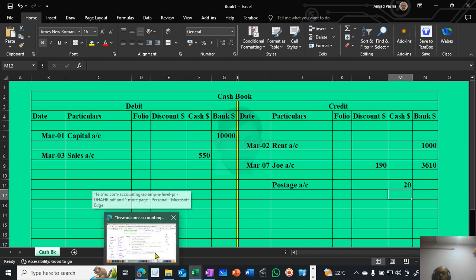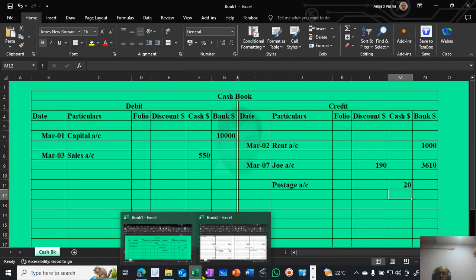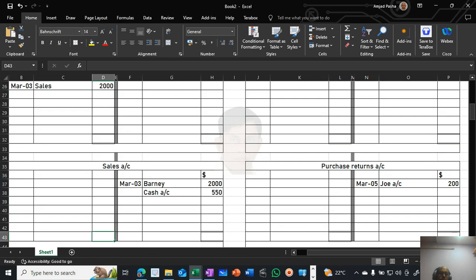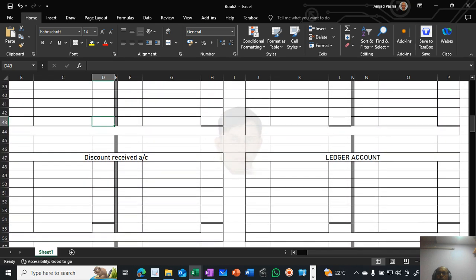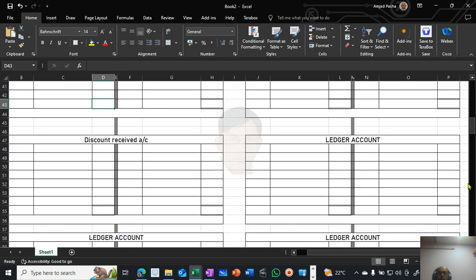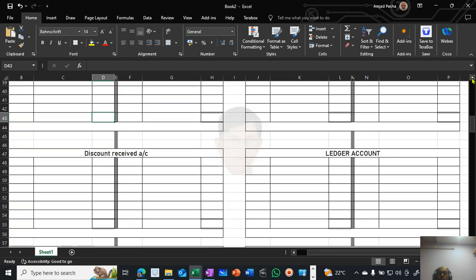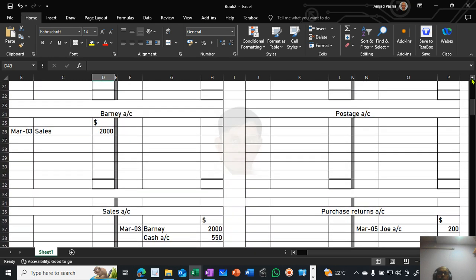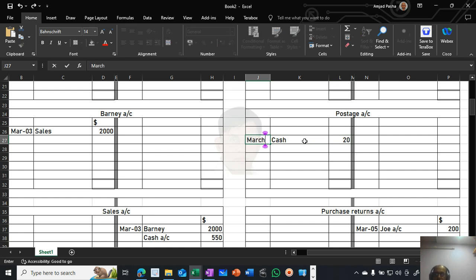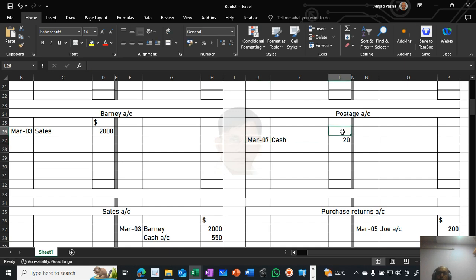So you have to enter in the postage account also. Cash, March 7th, dollars.